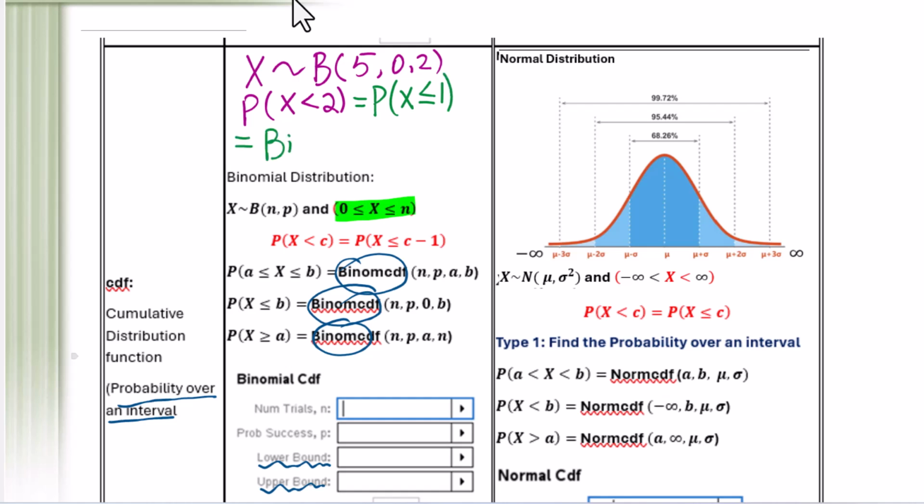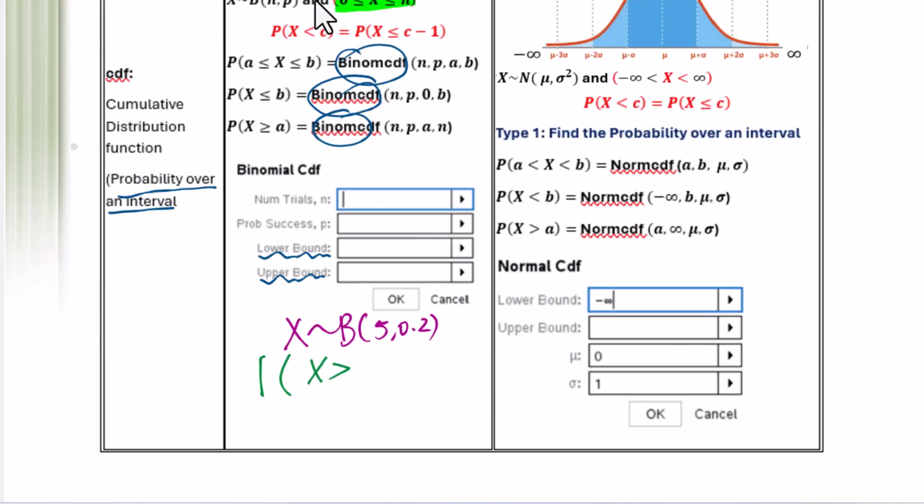Then we use binom CDF with 5, 0.2. Lower bound will be 0. Upper bound is 1. If we are looking for the probability of x greater than 3, we need to change this into the probability of x greater than or equal to 4.